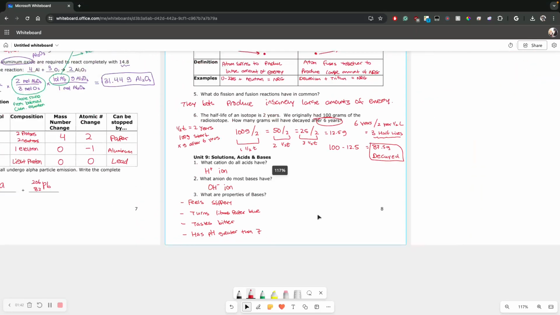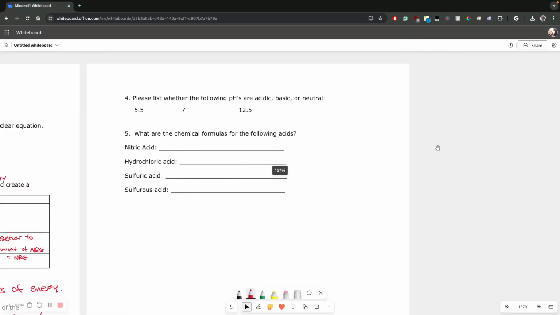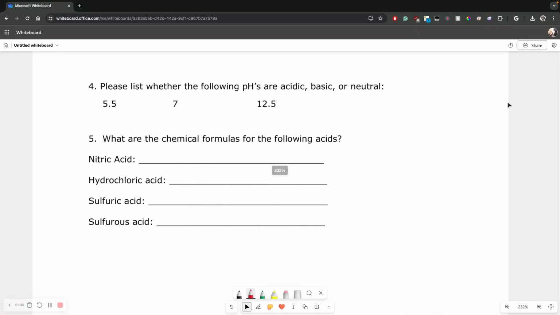Moving on to question 4 here. If you need to pause to catch up with our notes, please go ahead and do so. But since our last unit was acids and bases, this should just be basic review. Question 4: please list whether the following pHs are acidic, basic, or neutral.